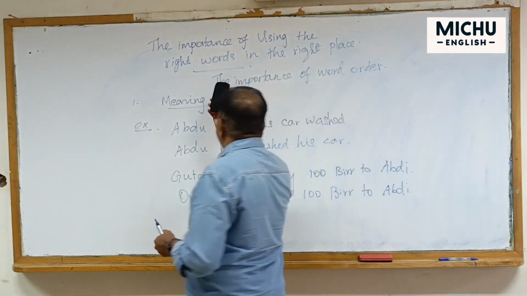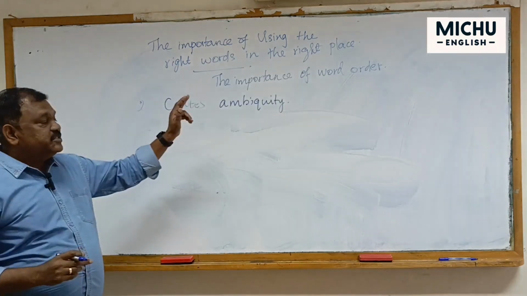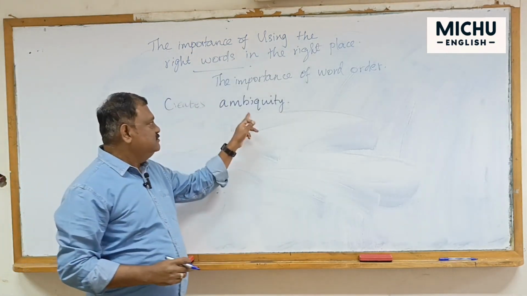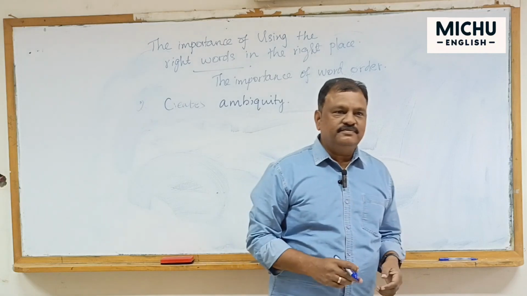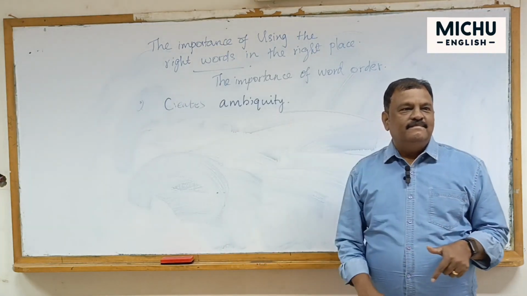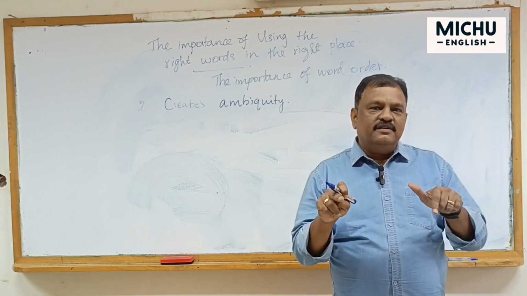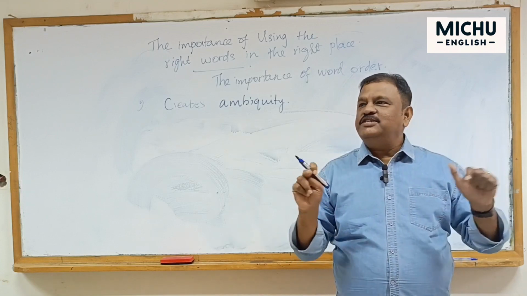I said about three things. The second one is it creates ambiguity. You know the meaning of ambiguity? Ambiguity means you mean more than one meaning when you write something in English.